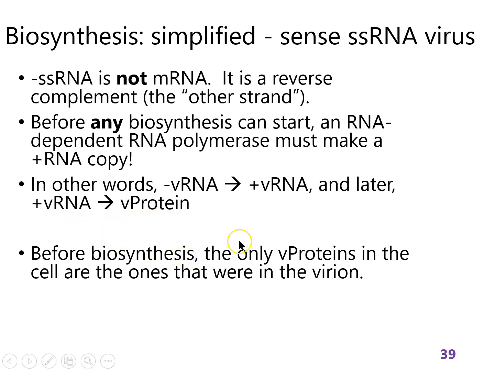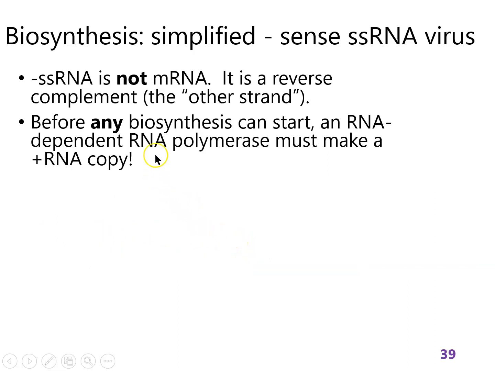And so let's think about that. If we back up, that all has to happen before any biosynthesis happens. So somehow this virus needs access to an RNA-dependent RNA polymerase at the very beginning, as soon as the virion uncoats.